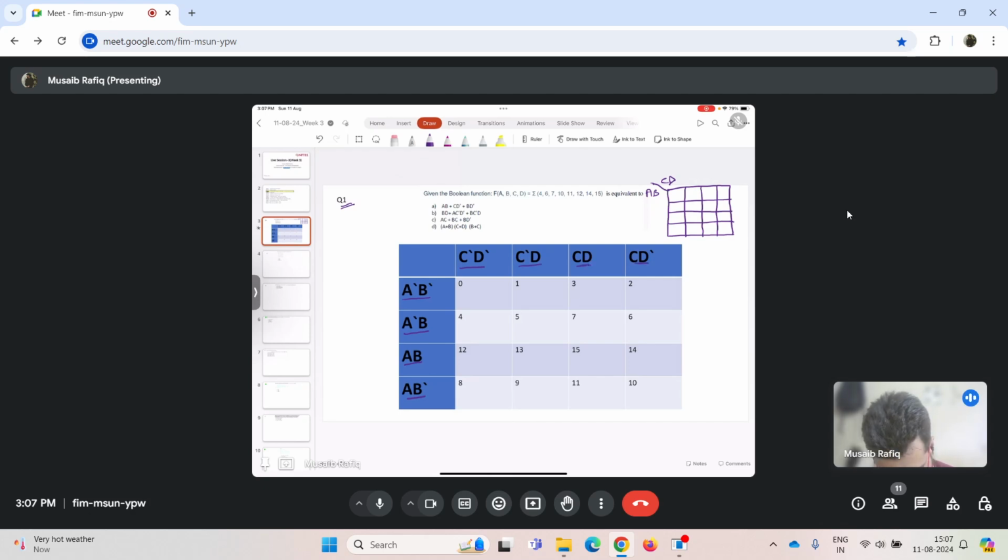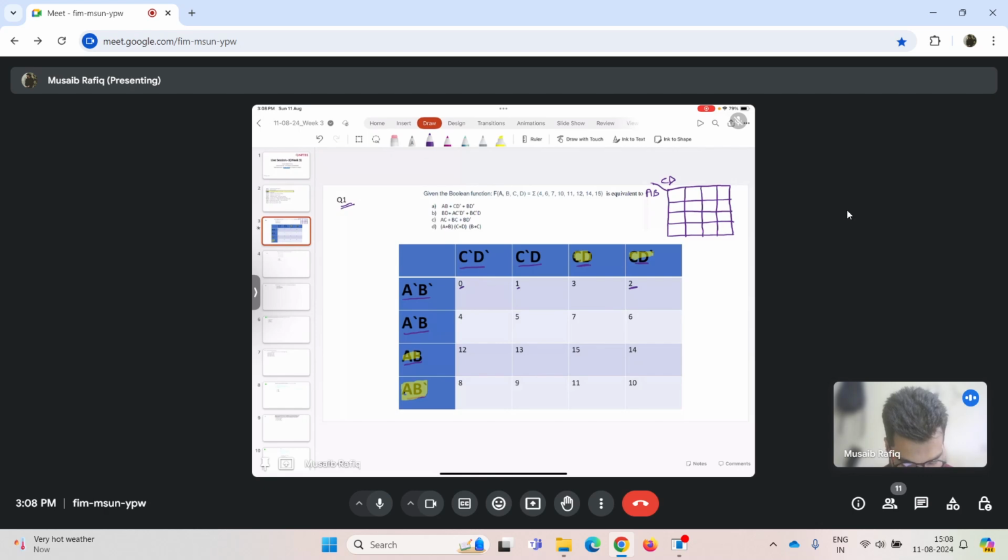Let me highlight this part and this part and this part and this part. Keep this in mind. People usually get confused, although they know it, but sometimes in a hurry they mix up the two. Now we have the terms. We'll write the corresponding minterms. Here at this position we have 0, here 1, then 2 here.